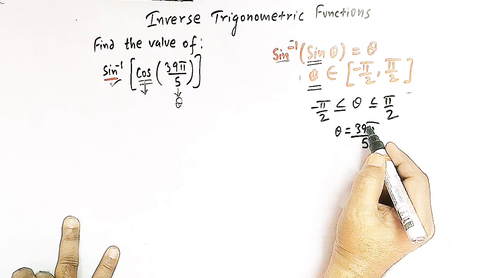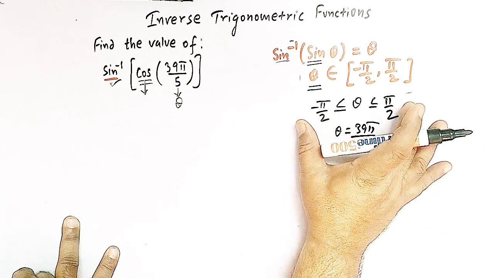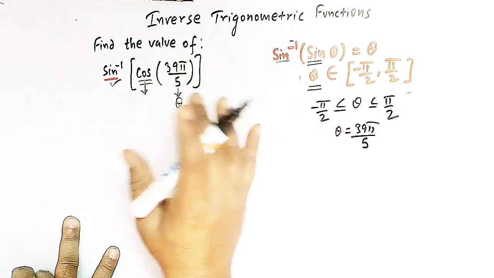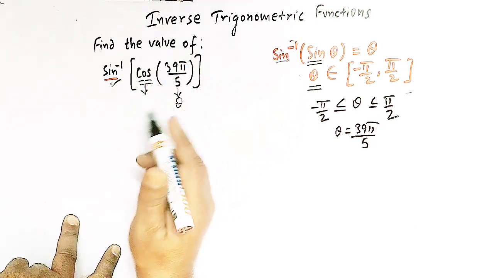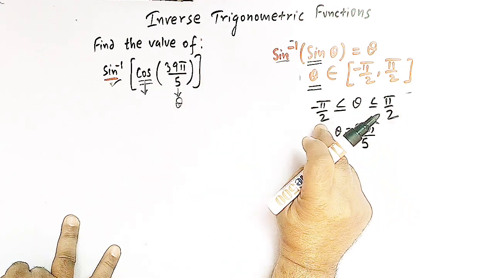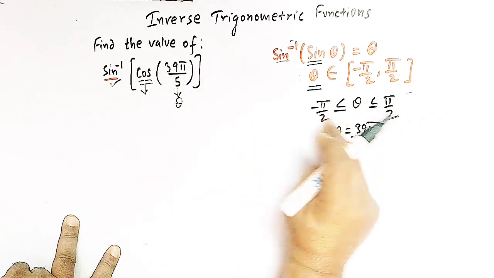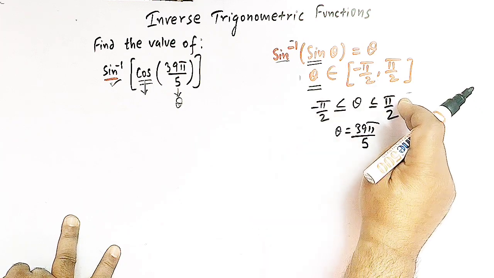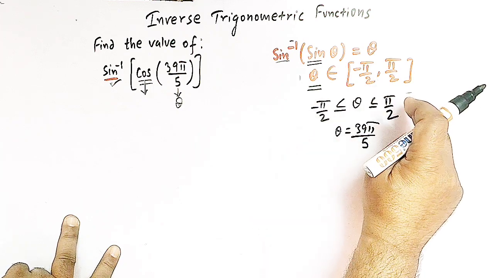And this angle does not fall in this interval, right? So we have to make use of some trigonometric identities so that this angle falls into this interval, that is minus pi by 2 to pi by 2, including minus pi by 2 and pi by 2, right?